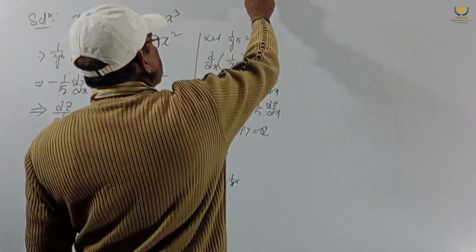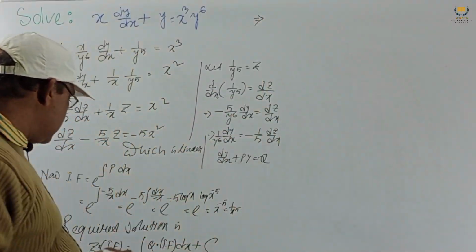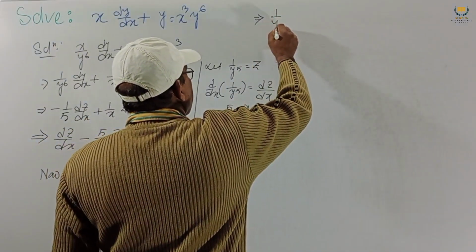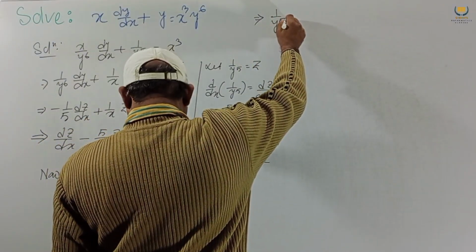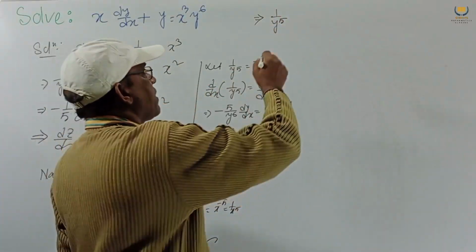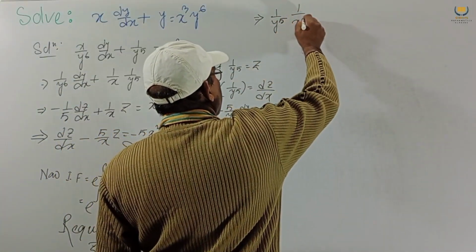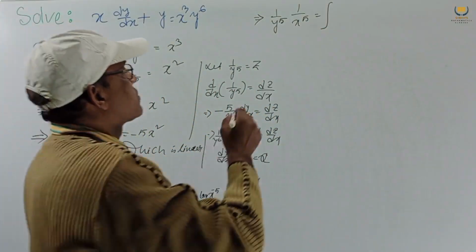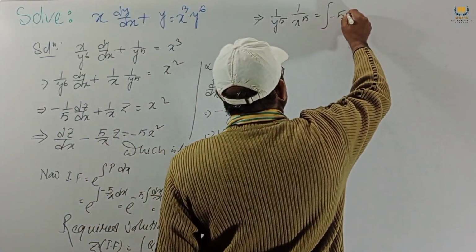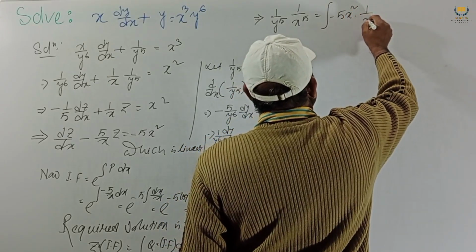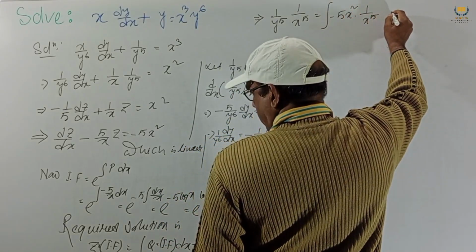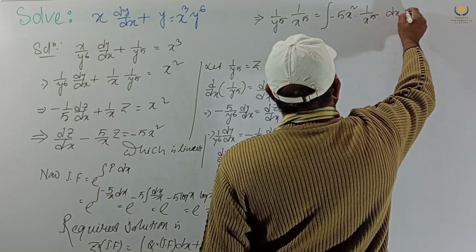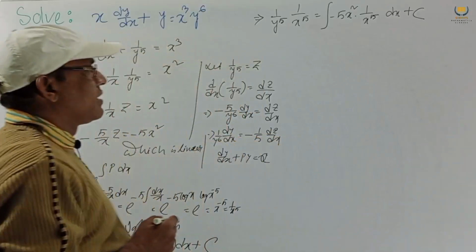This implies z means 1 by y to the power 5, I.F. means 1 by x to the power 5, q means minus 5 x square into I.F. means x to the power 5, x to the power 5 dx plus c. We get this one.